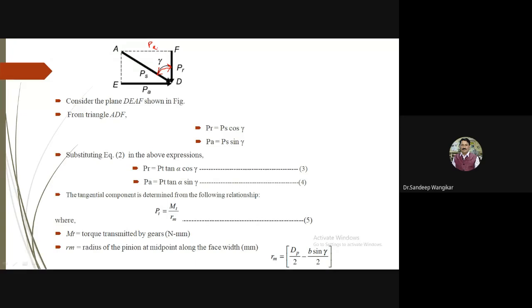Therefore, cos of gamma is equal to PR by PS, so PR is equal to PS cos of gamma. Similarly, sin of gamma is equal to PA divided by PS. Therefore, PA is equal to PS sin of gamma.